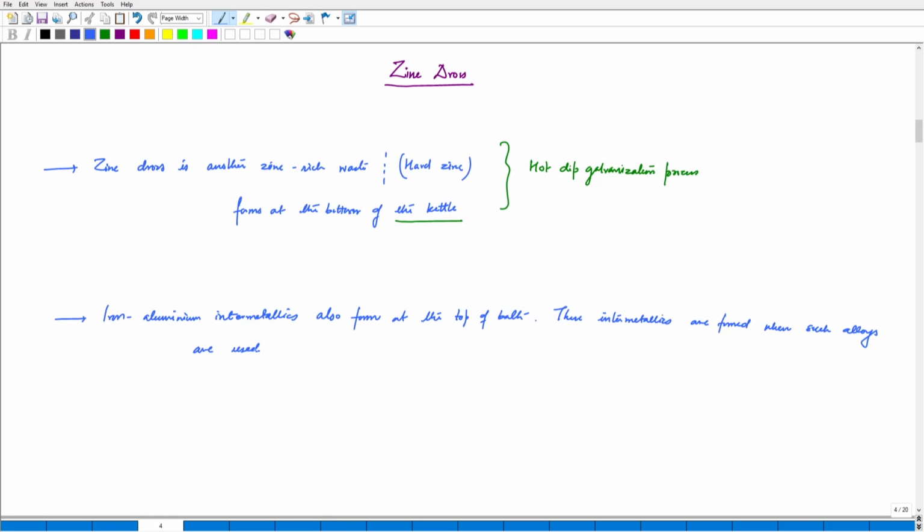So, if the composition is available, then these intermetallics will form. Else, hard zinc or the conventional zinc dross is forming at the bottom of the kettle.